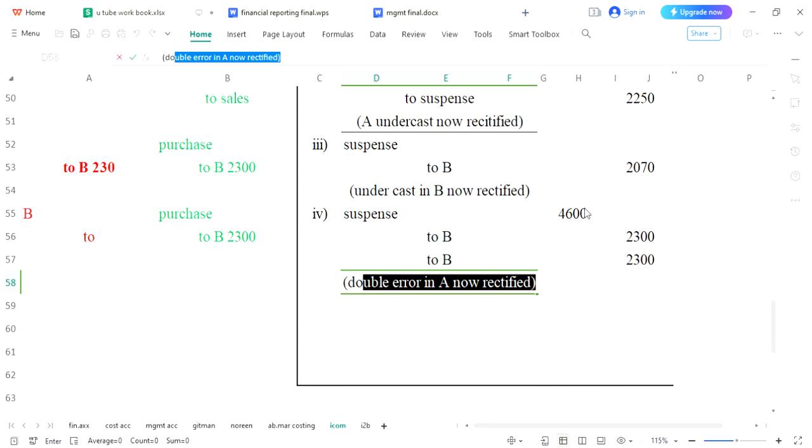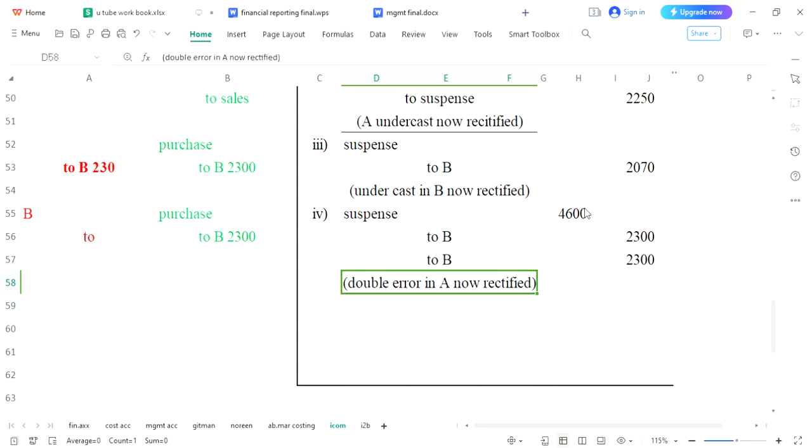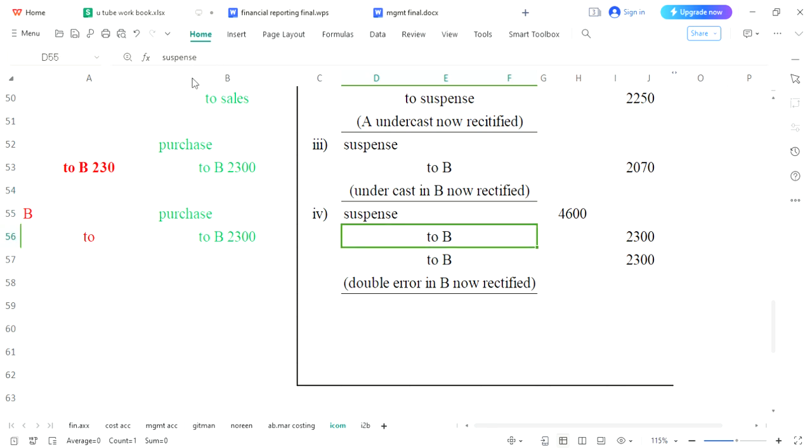Double error in B. This was the old one. Double error in B now rectified. So I'm sure that you people are understanding. If you are finding it difficult, you may contact me and ask me to repeat once again.